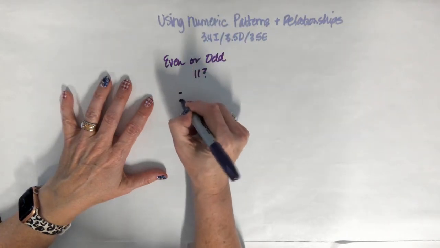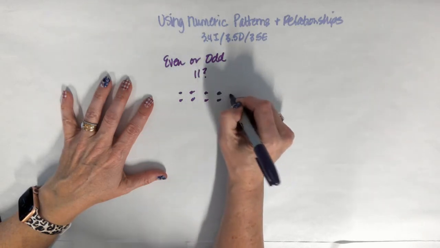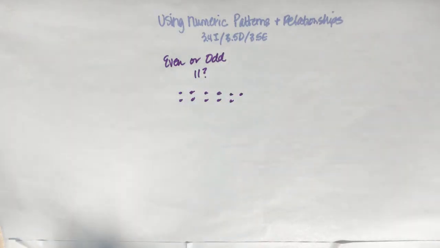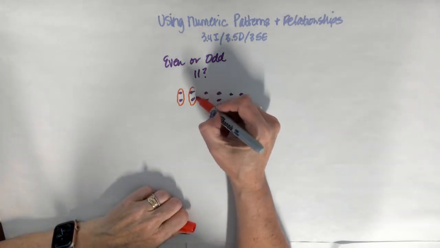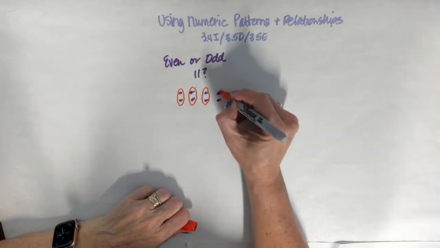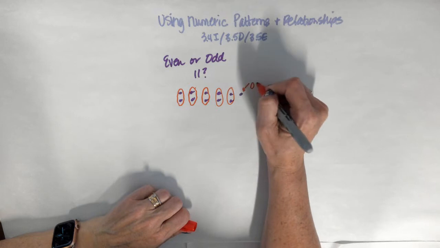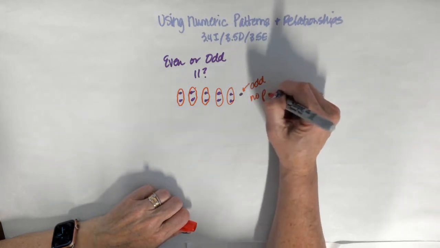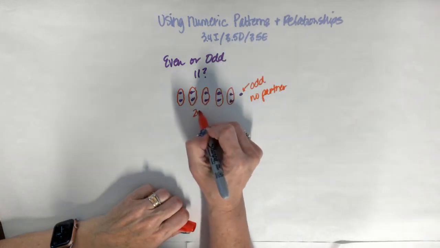They would have made 11 of something or used 11 counters and said, these 2 make a pair, these 2, these 2, these 2, these 2. And this one is an odd man out, so I know it's odd because there's no partner. That's how we learned this in 2nd grade.